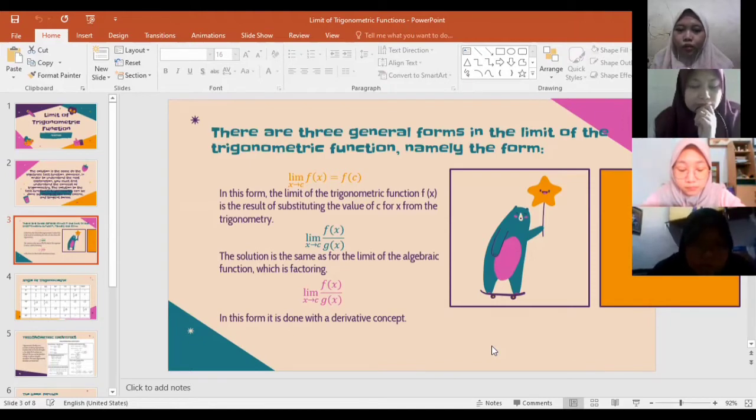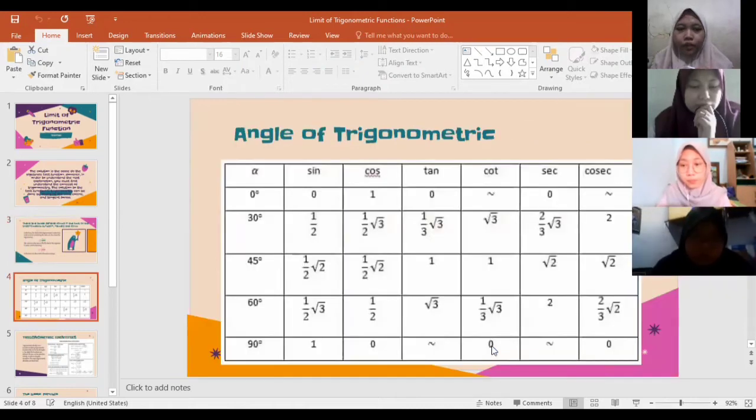The solution is the same as for the limit of the algebraic function, which is factoring. And the third is limit x to c of f of x divided by g of x. In this form, it is done with a derivative concept. And this is angle of trigonometry.